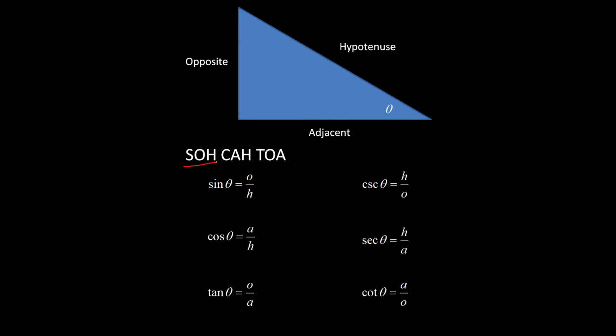This is meant to help you memorize what these 3 relations are right here. SOH means sine equals opposite divided by hypotenuse. The CAH means cosine equals adjacent divided by hypotenuse. And the TOA is tangent equals opposite divided by adjacent.